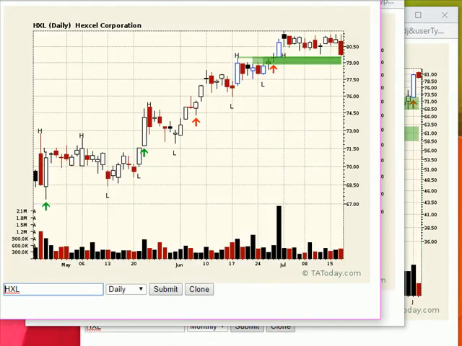HXL, Hexel Corporation, bullish retest regen. When you're looking at trend, you're looking at two things, right? What is the actual trend? The actual trend is whatever these arrows tell you. The latest arrow's up, it's red, that tells you suspect bullish.